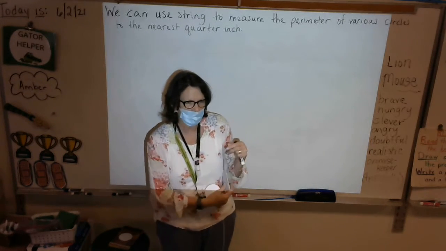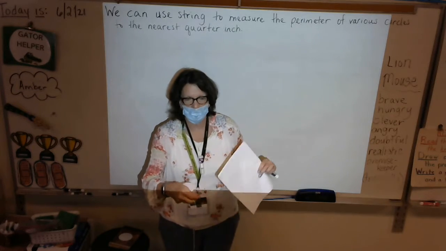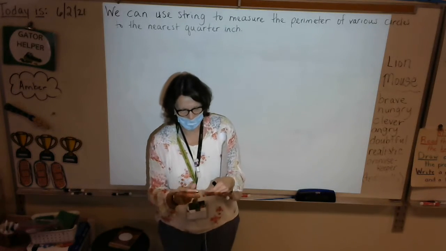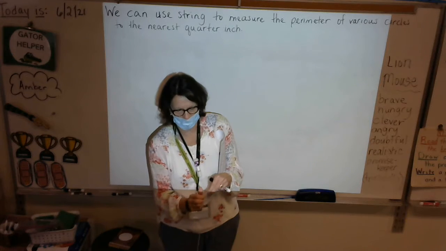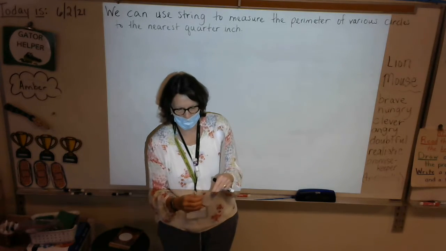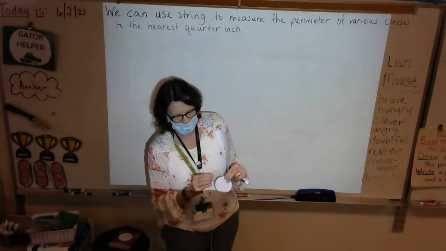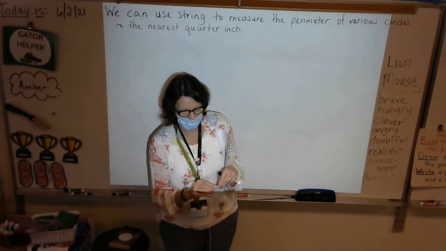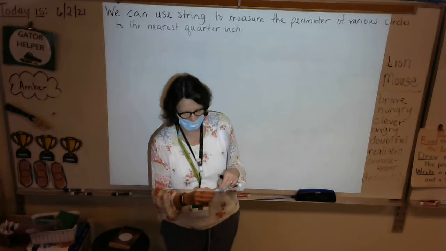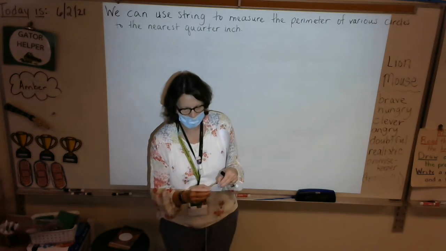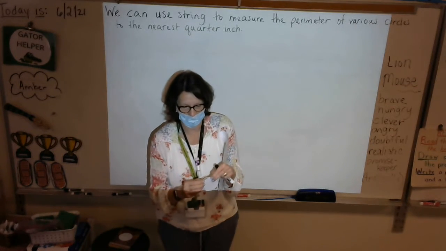So you're going to work with your partners, and you are going to wrap the string around the circle, put the circle on your desk, and with your partners, remember you got to hold it in place because you don't want it to go like this or like this. So somebody has to keep holding it. So I can put it there, and then I can let go there, and then I can go like this. But it's best to do it on your desk, not holding it, okay?